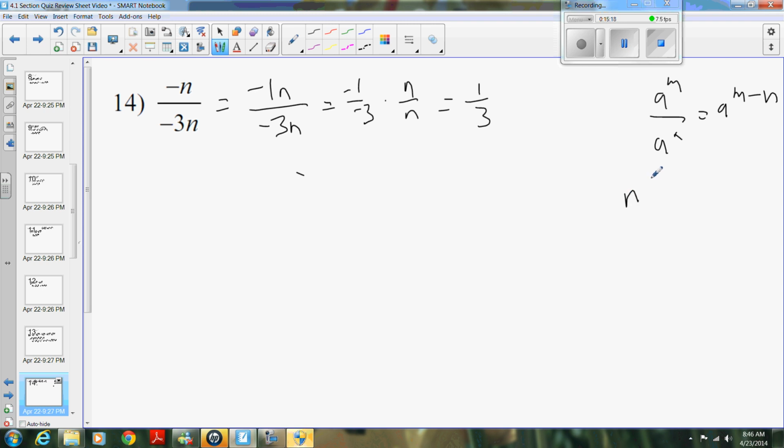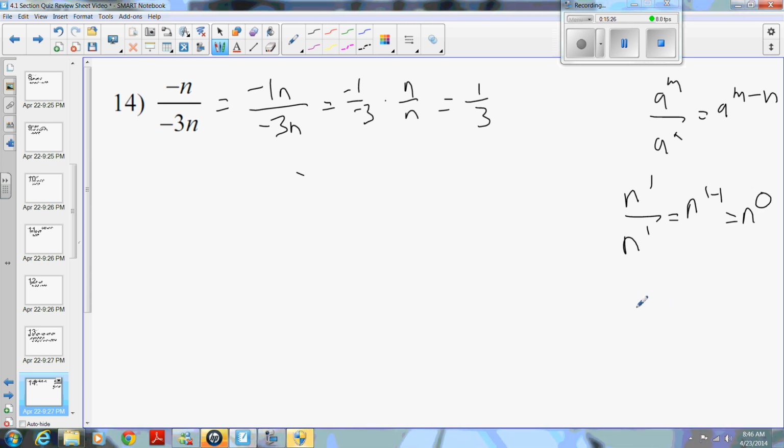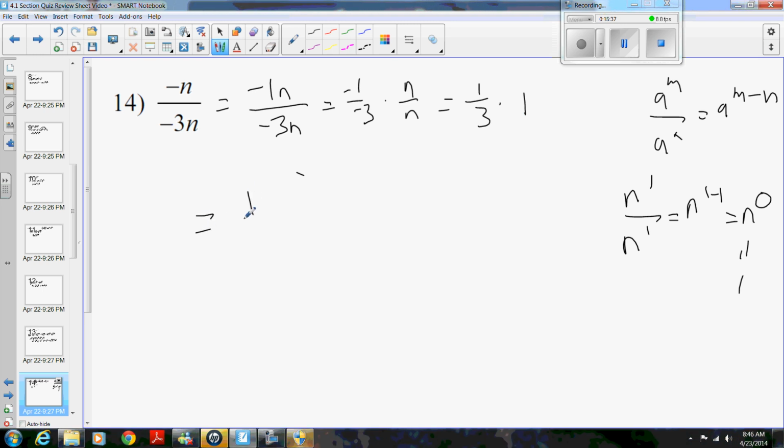So for that reason, n to the first divided by n to the first is n to the 1 minus 1, which is n to the 0. And then we know by the 0 power property that anything raised to the 0 power is 1. Okay? So that's how I'm dealing with this. And for that reason, I know this is just simply 1/3 times 1. My final answer is 1/3. Okay, so that's a looks-simple problem, but is relatively tricky.